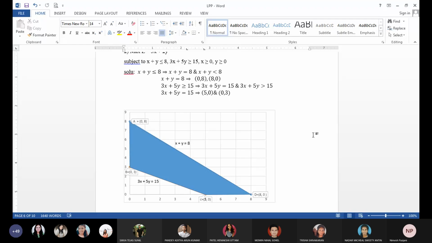So the region is below the line. And for 3x plus 5y greater than 15, the region is above the line.